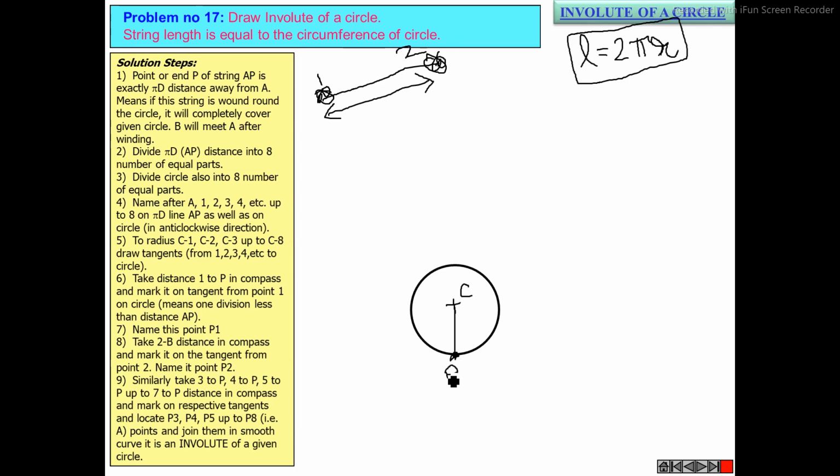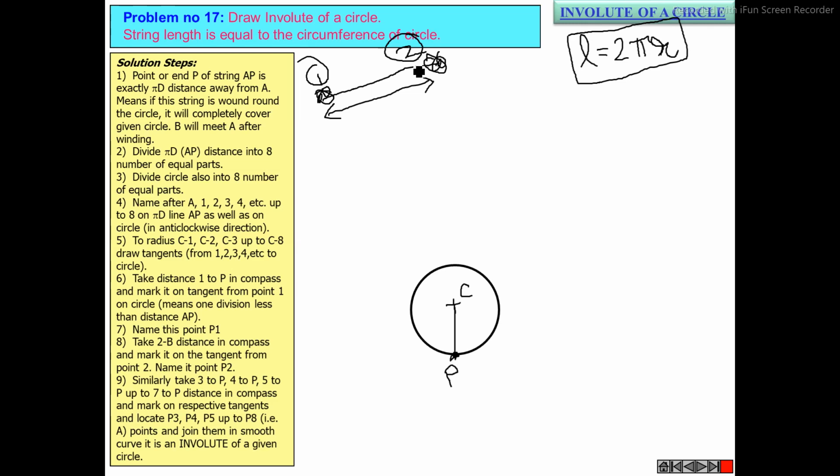Yes, sir. Okay, now you have unwrapped the entire thread length. Once you have unwrapped it, then P will become 1 and 2 will be somewhere else. Point 2 of the thread will be somewhere else, correct?